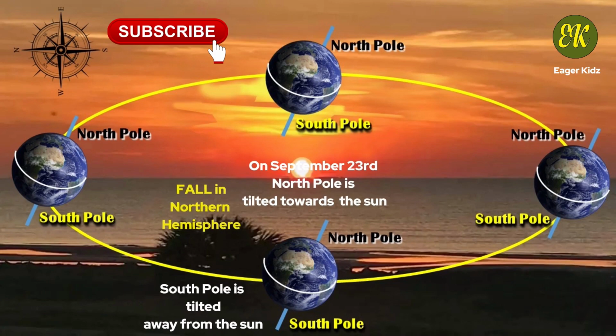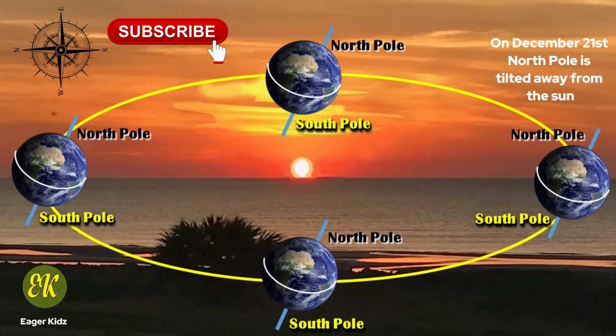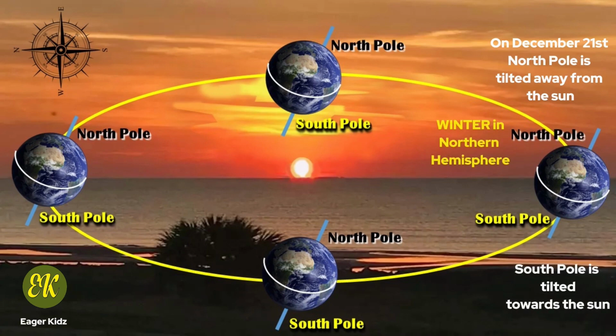So the Northern Hemisphere experiences fall season, whereas the Southern Hemisphere experiences spring season. On December 21st, North Pole is tilted away from the sun and South Pole is tilted towards the sun. So the Northern Hemisphere experiences winter season, whereas the Southern Hemisphere experiences summer season.